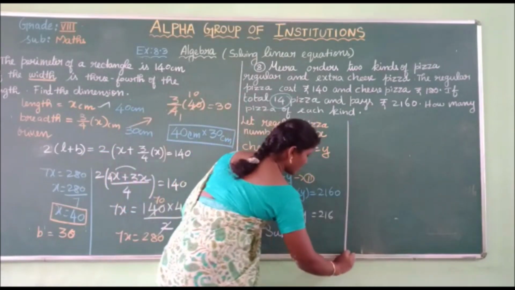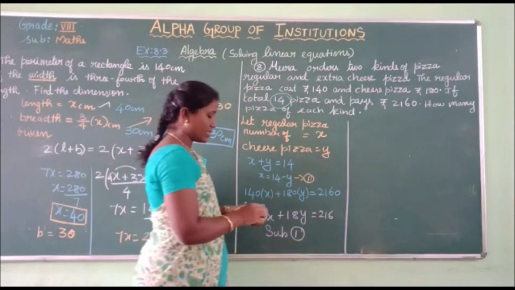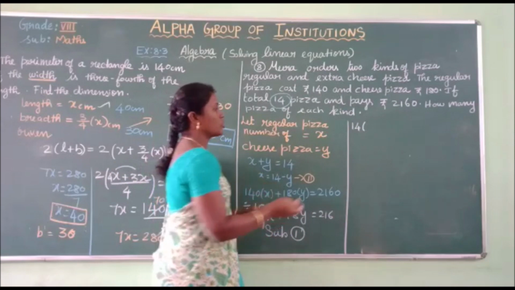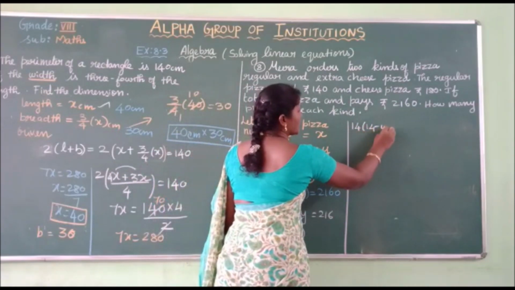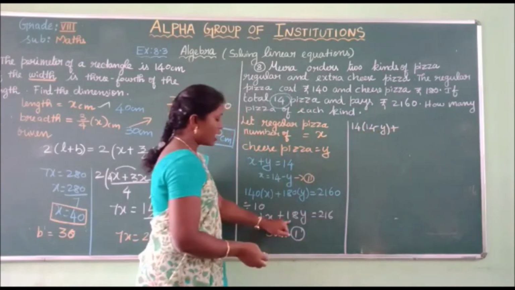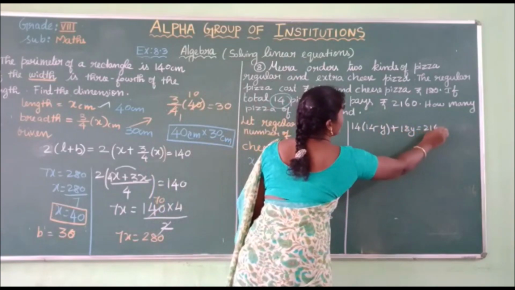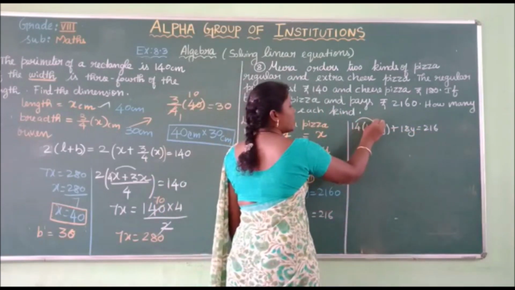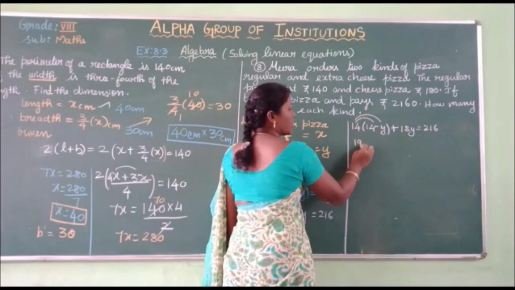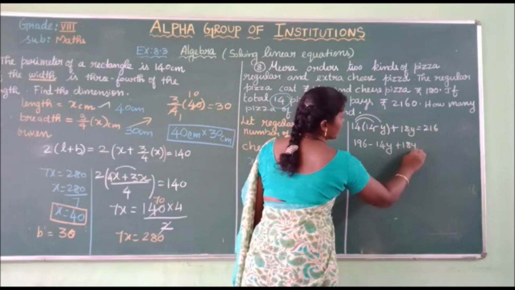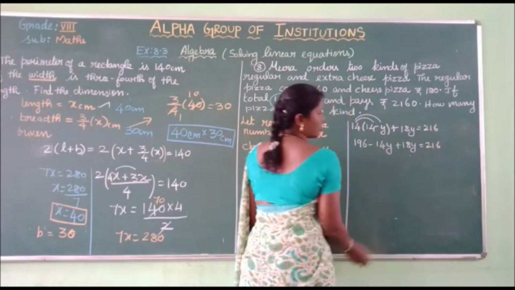So if I replace this, 14 into x should be replaced by 14 into (14 minus y), plus already we are having 18y is equal to 216. To open the bracket, multiply this. 14 into 14, 196 minus 14y plus 18y is equal to 216.